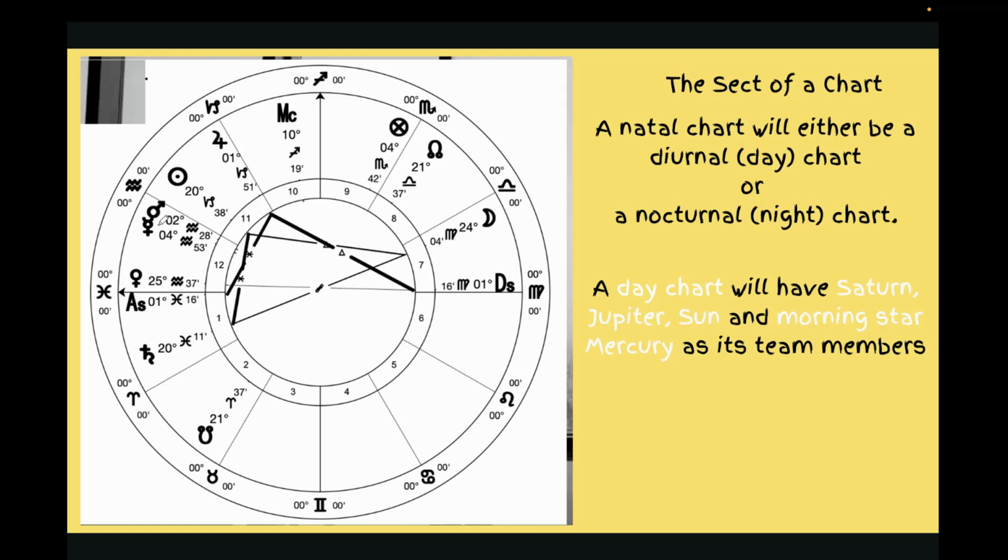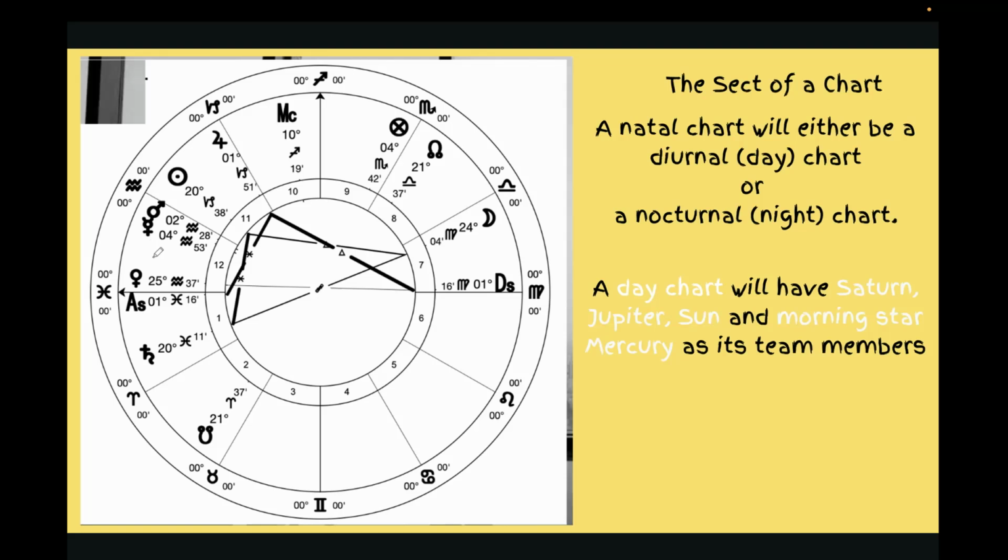So this planet right here, Mercury, is not going to hear the calls that the team leader is sending out or that the other players are talking about. This means you're going to have some difficulty with Mercury, which is communication, thinking, writing, things like that. There's going to be some sort of disconnect with this planet in this person's life.